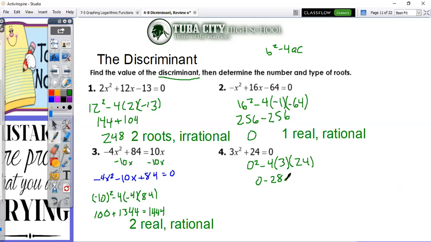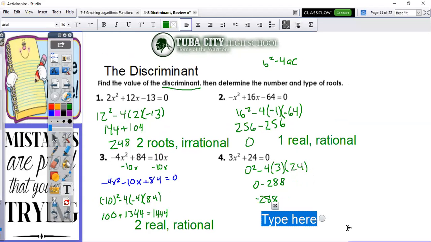Now, in fact, we don't really need to know the actual number, because 0 minus this is going to be a negative, and once we know it's a negative, we know what kind of roots we are looking for. In this case, there will be imaginary roots. If it's any number that's negative, we don't need to worry about finding a perfect square.